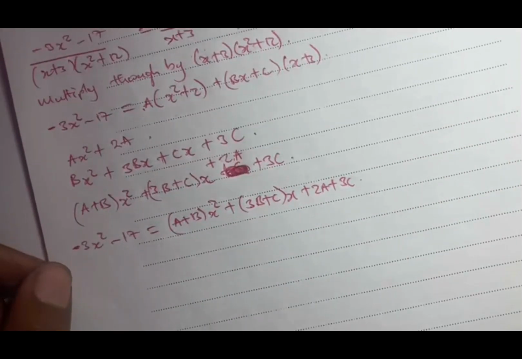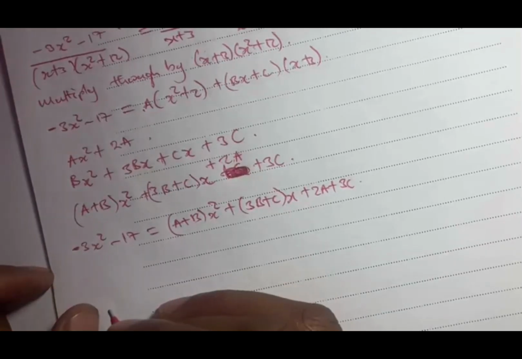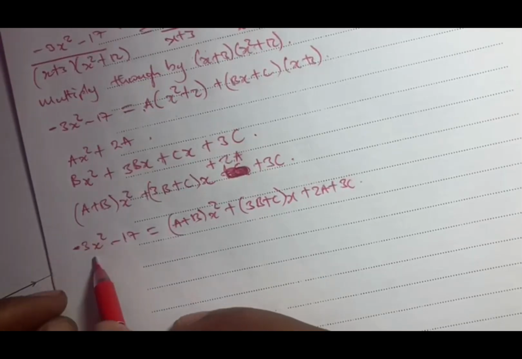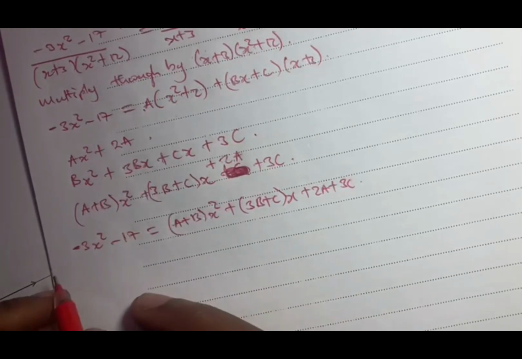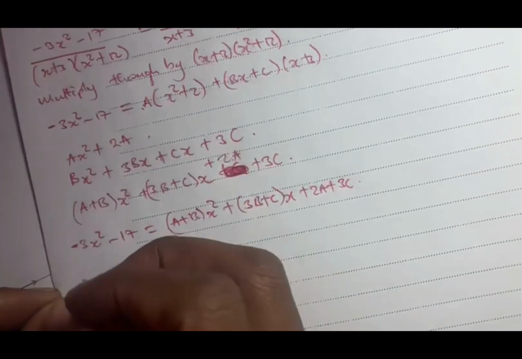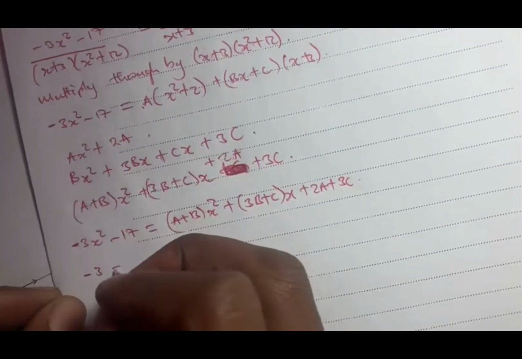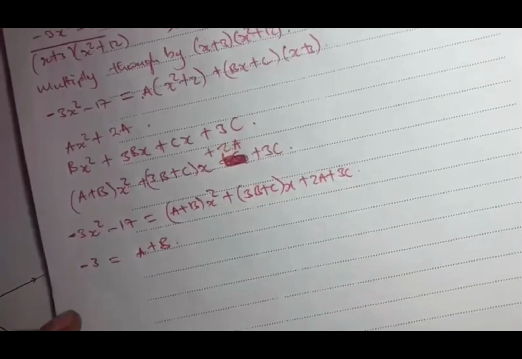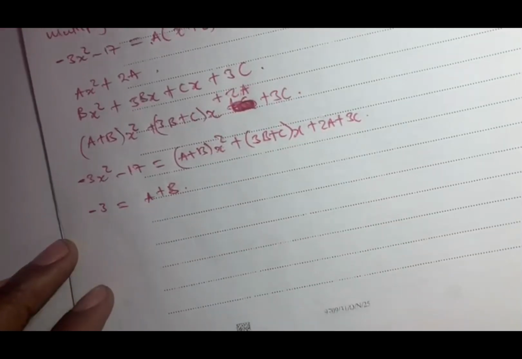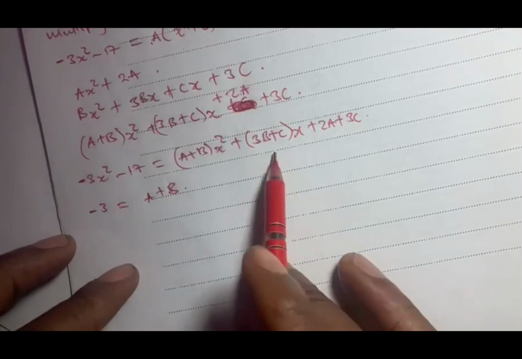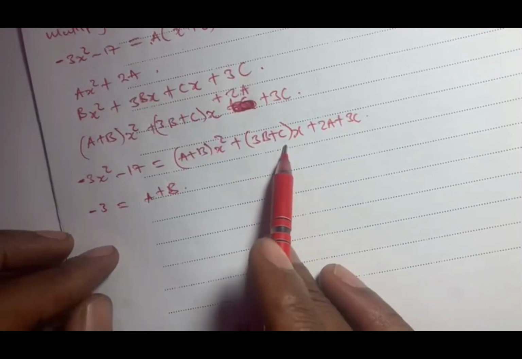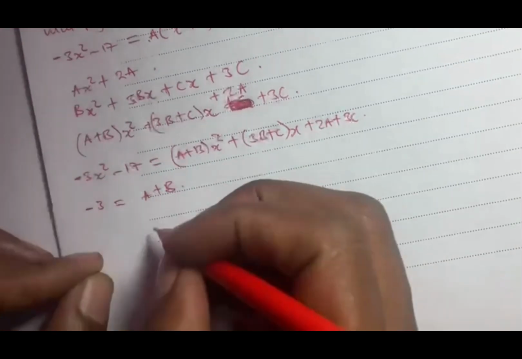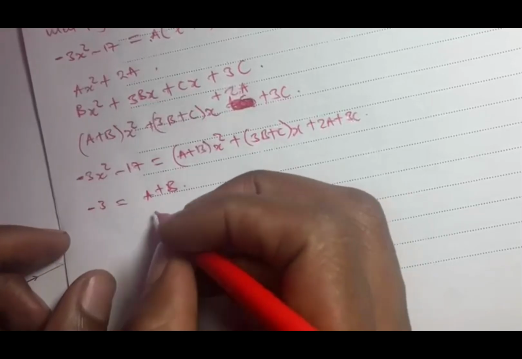If I equate coefficients, terms in x squared will give me minus 3 is equal to a plus b. Terms in x will give me 3b plus c is equal to 0.